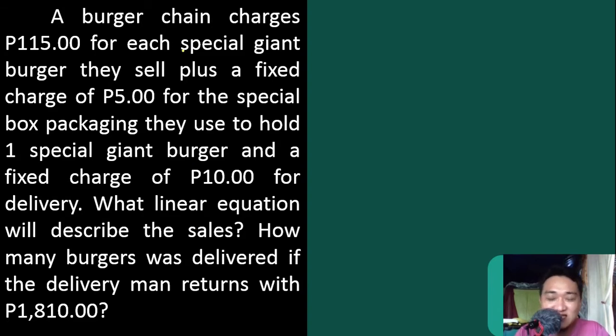Okay? Again, hati-hatiin uli natin yung problem into several components or phrases para mas madali siyang maintindihan, ano? A burger chain charges 115 pesos for each special giant burger. O, cut natin. Magkano yung giant burger? May katunog, parang kilala ko tong burger chain na to.